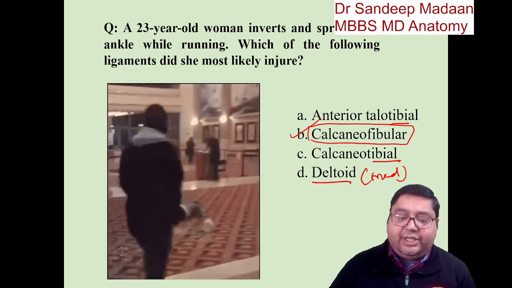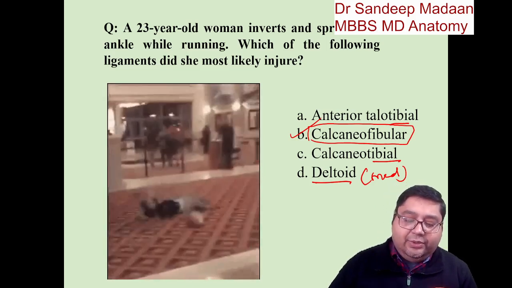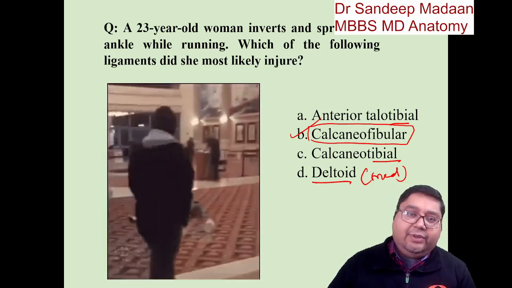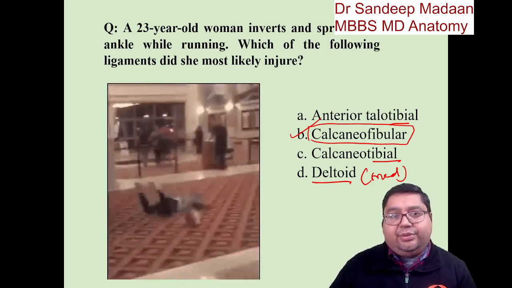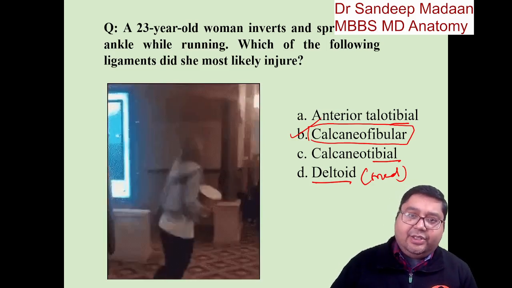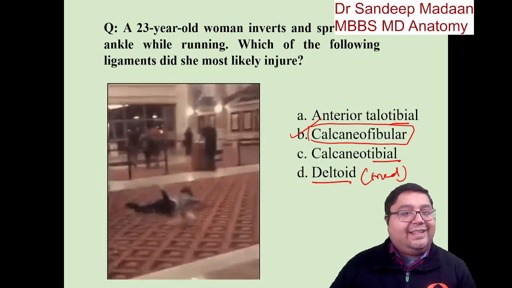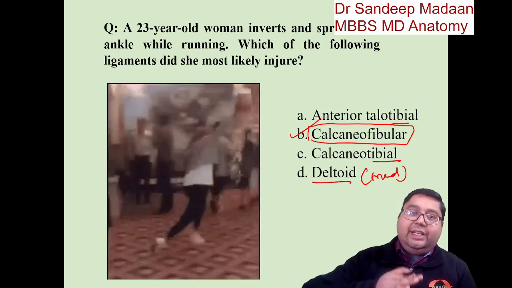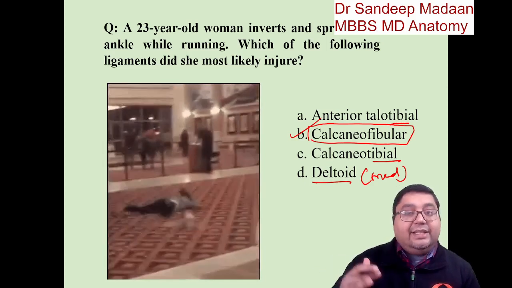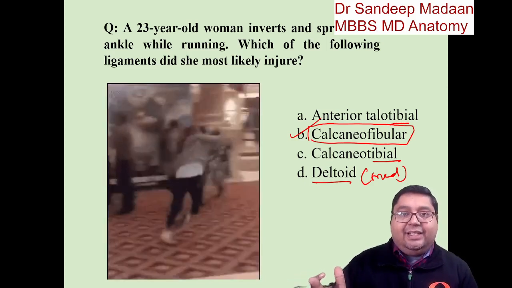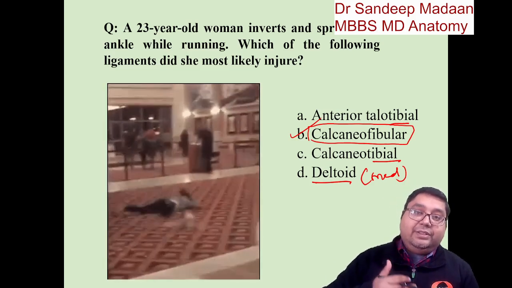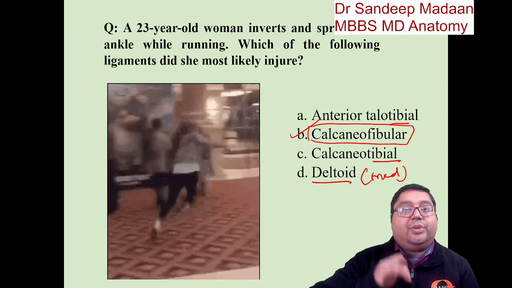But one last point that I would like to include before concluding today's concept: what is our common experience whenever we are going somewhere? What type of sprain do we usually experience? Is it inversion or eversion? Mostly it is inversion, which means the most commonly injured ligament is the lateral one. Okay, but in the lateral we have three components. So which component will be the most commonly involved?